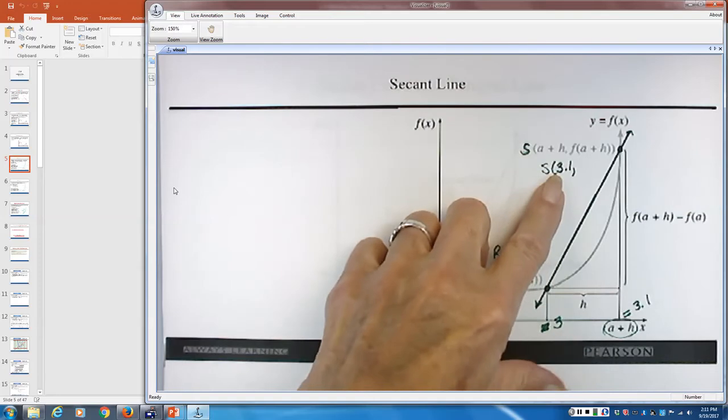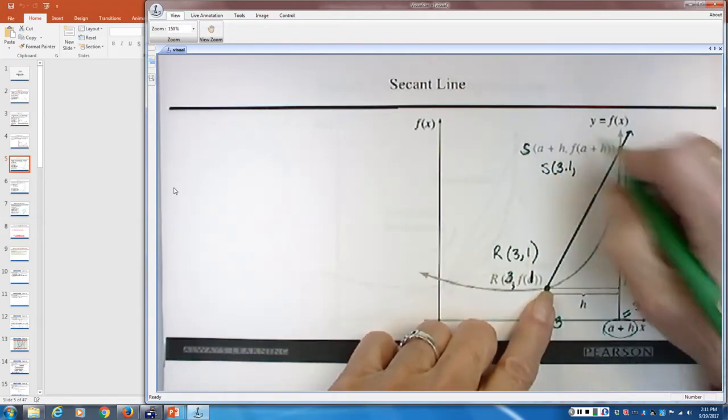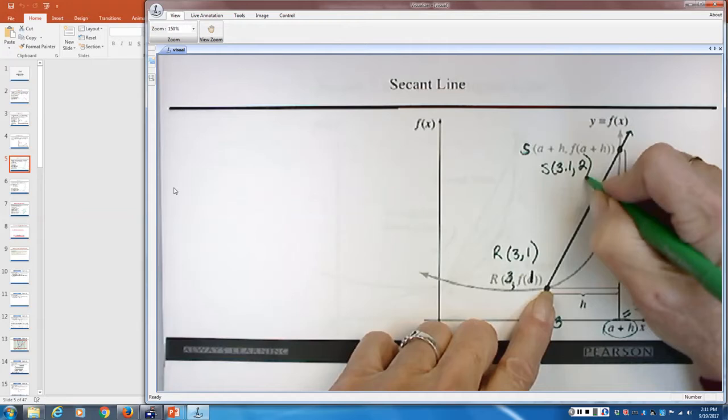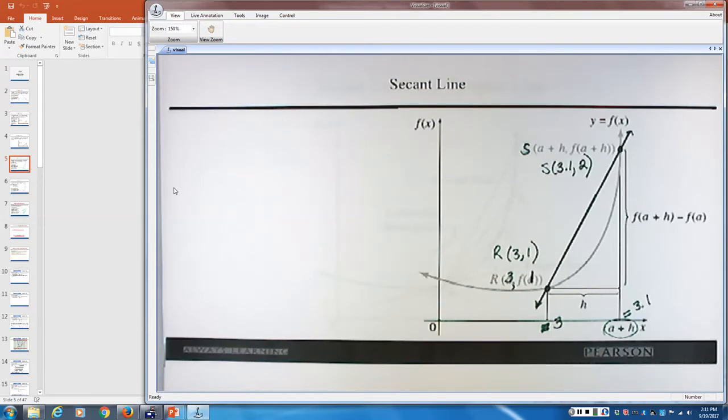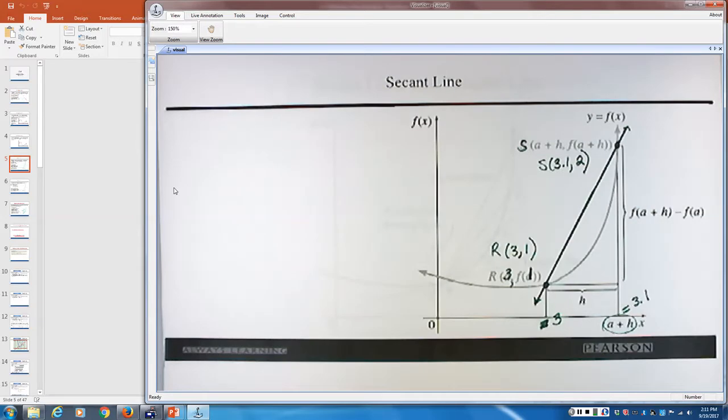And when you plug in 3.1, instead of getting 1, maybe you get 2. Okay? Now, if you've got these 2 points, can you find the slope of that secant line?